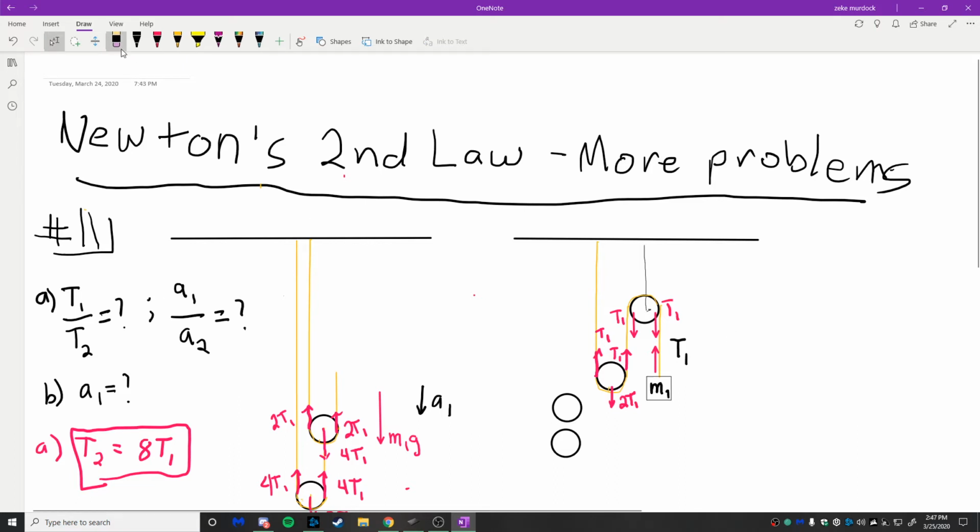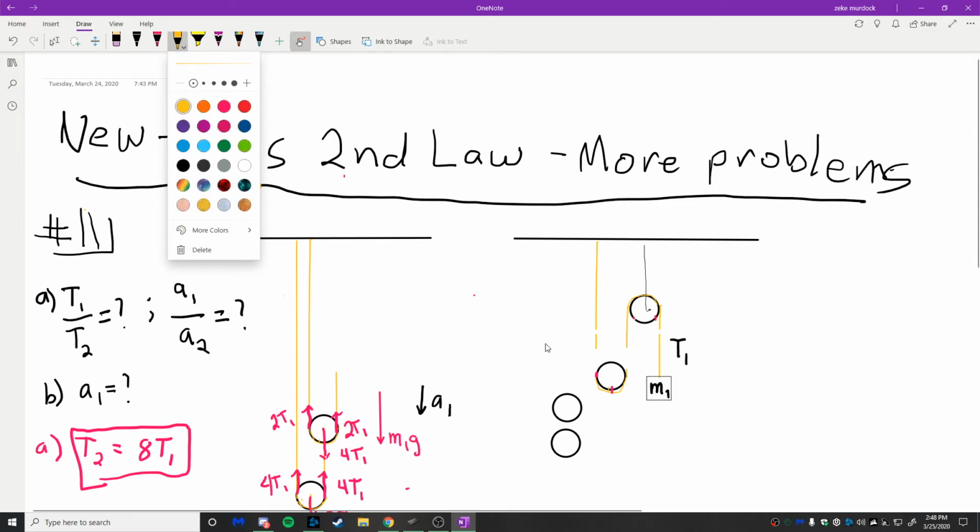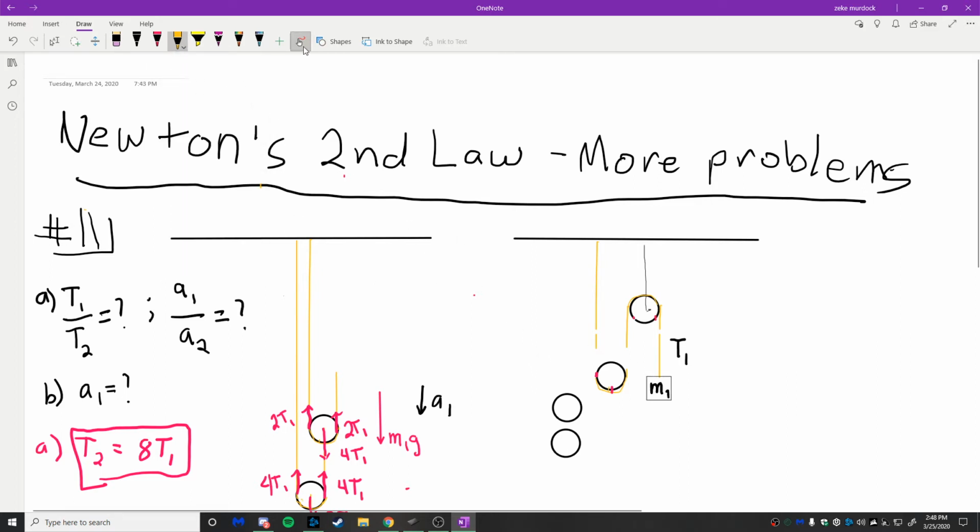And now I just want to erase some of these things. Okay, we're calling the acceleration of this block right here.